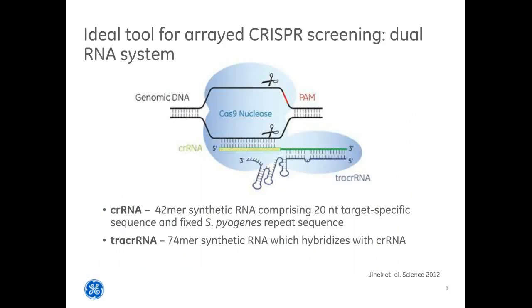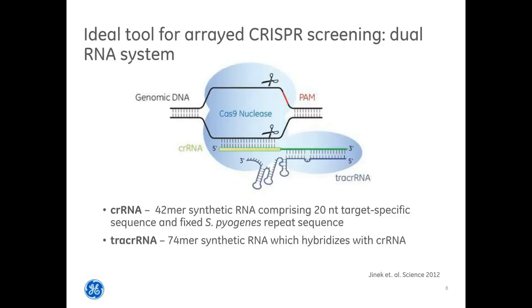So then in bringing this concept back to the available screening tools, the most practical tool for investigation of hundreds or thousands of gene targets in an arrayed format is a synthetic CRISPR and tracer RNA, so this kind of dual RNA system. Now you may know that Dharmacon products are based on high throughput, high quality RNA synthesis, so it was a very natural evolution for us to develop our gene editing platform with synthetic RNA as the basis.